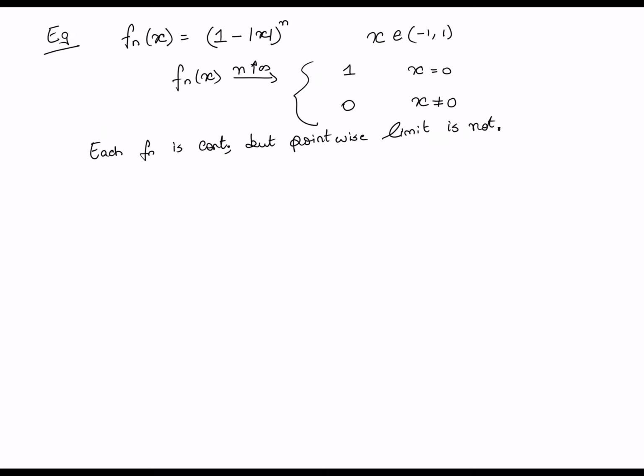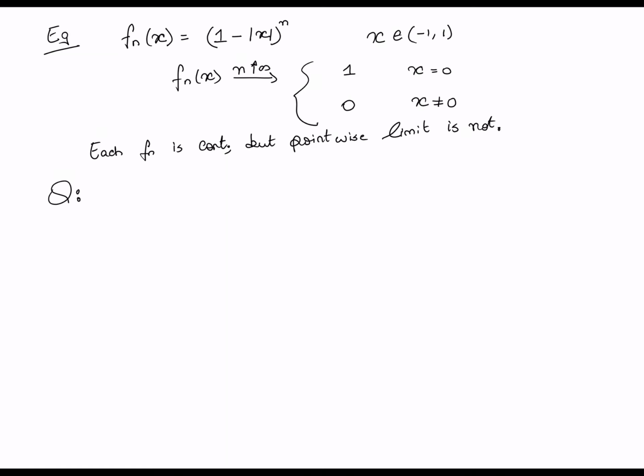And so since we know that the pointwise limit of continuous functions is not necessarily continuous, the next natural question to ask is: is there a stronger notion of convergence which will ensure that limits of continuous functions are in fact continuous?